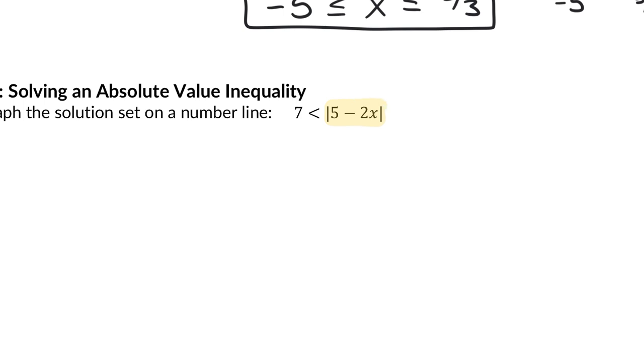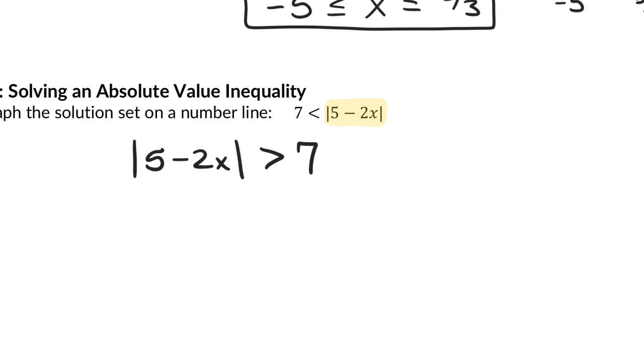We can do this backwards, but I truly recommend rewriting the equation where the absolute value bars are on the left side, which means we're going to flip everything about this equation. So here's my absolute value bars. I still have to keep the orientation of the symbol open towards the absolute value bars and closed towards the number. See how that's the same orientation? I need to do this because reading it in this direction, my trick works for you.